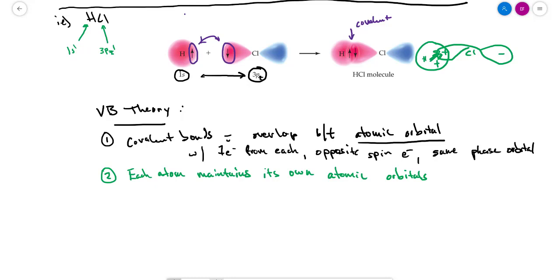They remain their individual atomic orbitals, which we're going to see in future models doesn't always have to be true. We also determine that larger overlaps of orbitals mean a stronger bond. So those are the big takeaways from valence bond theory so far.